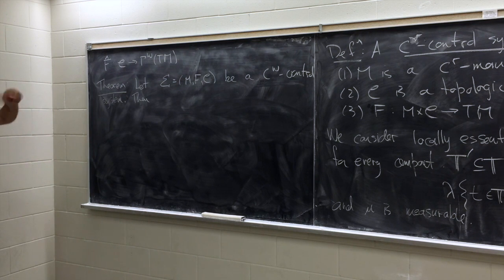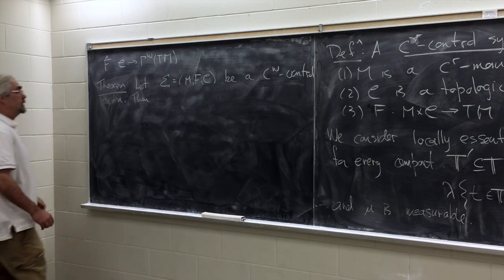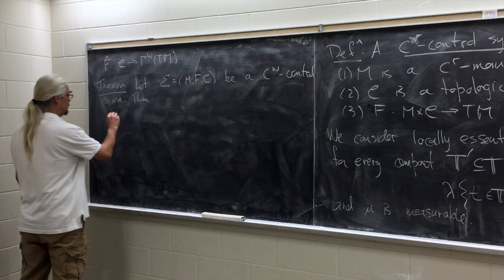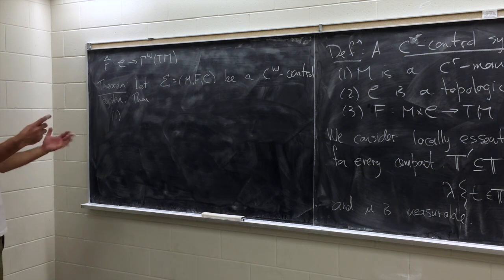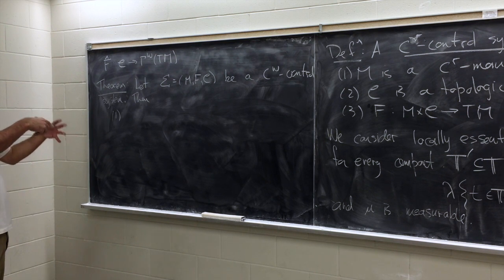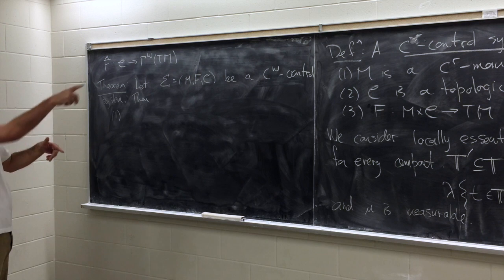Then you can go the other way: if you're given a C omega control system, can you complexify it to a holomorphic control system? So if you have a holomorphic control system and you restrict it to the real manifold as a real control system, it will be C omega.